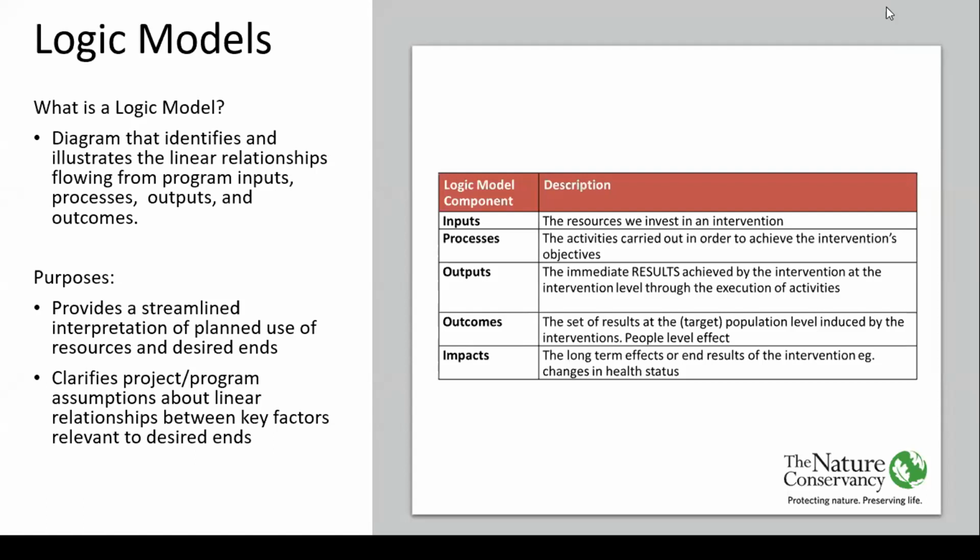It explains that you'll need this particular input, and this input will give you this output, and this output will give you this outcome, and finally this outcome will lead to this particular impact. The purpose is that it provides a streamlined interpretation of planned use of resources and desired ends. It also clarifies project or program assumptions about linear relationships between key factors relevant to the desired ends.